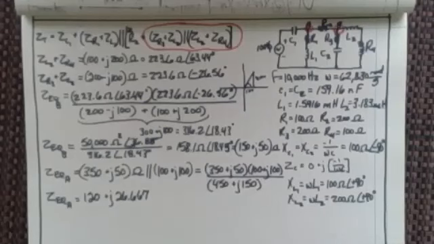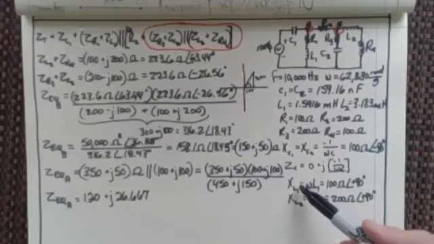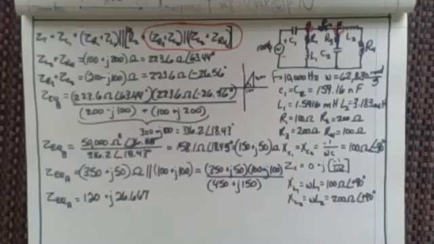I wish I had enough room to put all of that on here, but I basically just took the 350 plus J150, multiplied these through, and then I multiplied by the ratio of the complex conjugate of this, which would be 450 minus J150 in the numerator and the denominator, and multiplied that through. That's how you get rid of a denominator in a fraction of complex numbers.